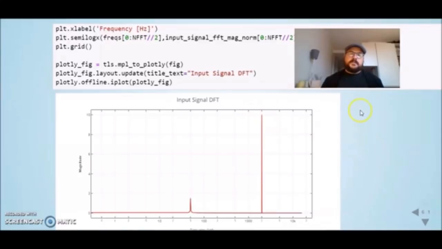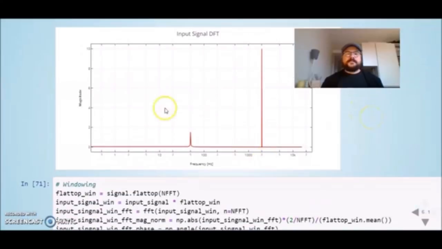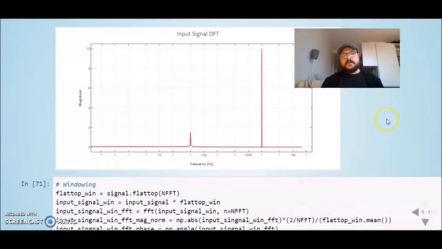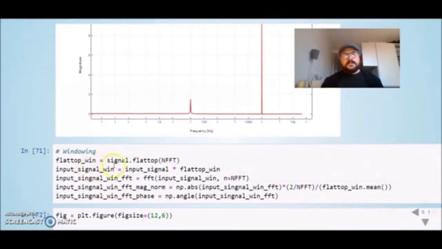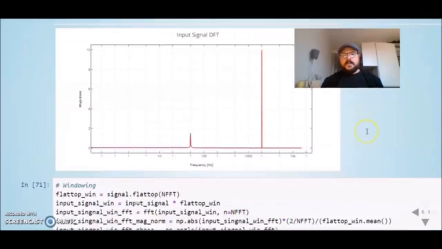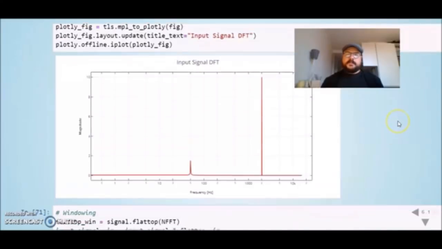So what we can do is use windowing, and a very good window to estimate the amplitude of sine waves in the frequency domain is the so-called flat top window. So I'm creating this flat top window, and then I am multiplying our signal in the time domain with this window.